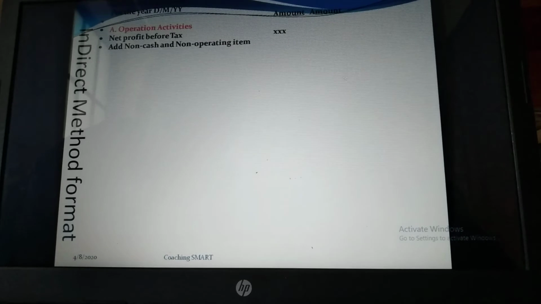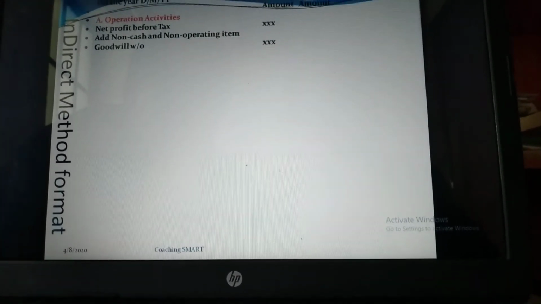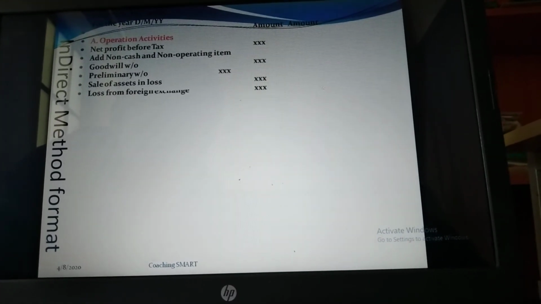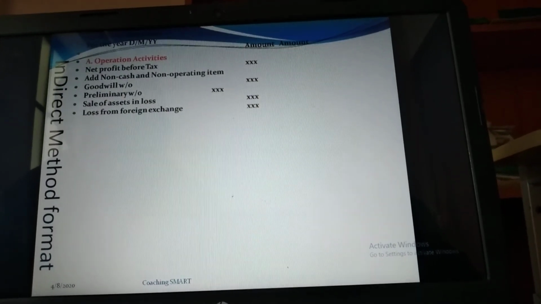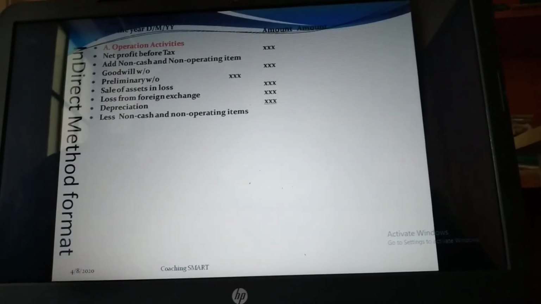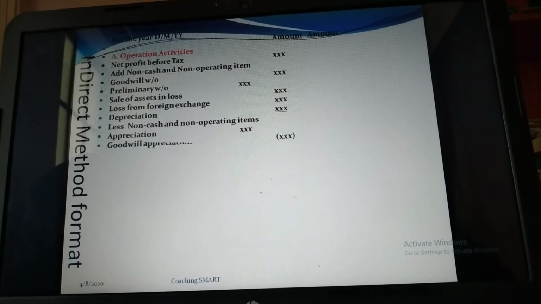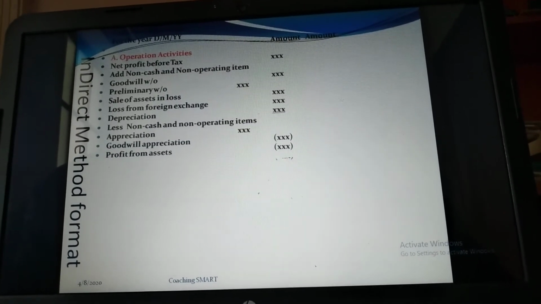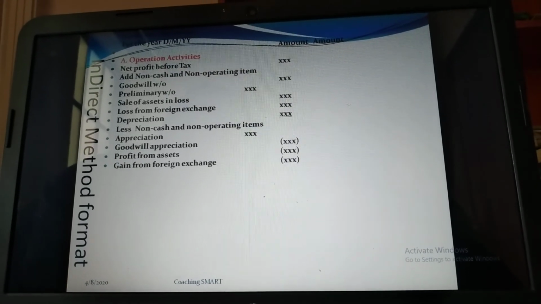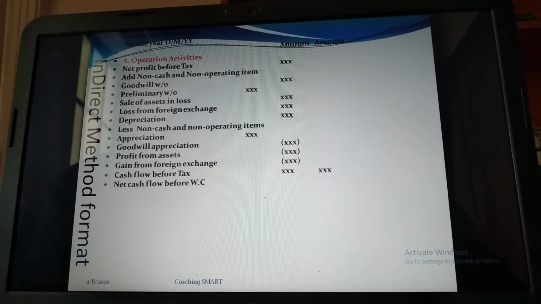We have net profit before tax, which you give the amount, add non-cash and non-operating items, which can be goodwill written off, preliminary written off, sales of asset at a loss, loss from foreign exchange, depreciation, less non-cash and non-operating items, which can be appreciation, goodwill appreciation, profit from assets, gain from foreign exchange, cash flow before operating items.